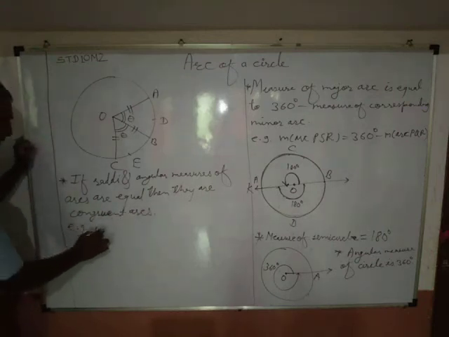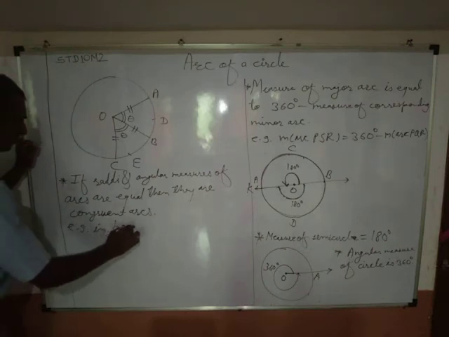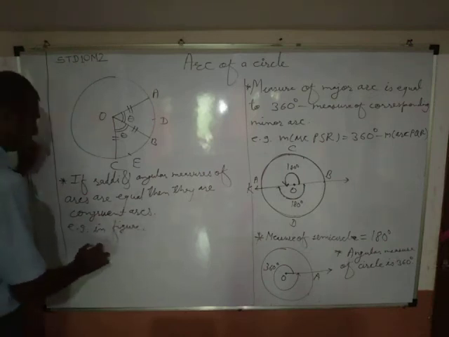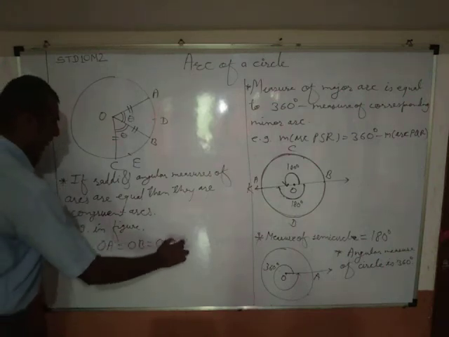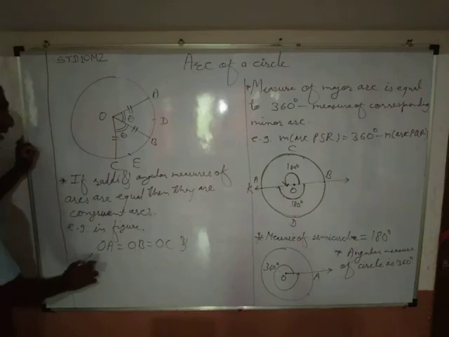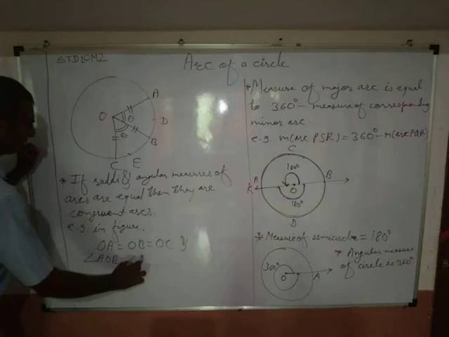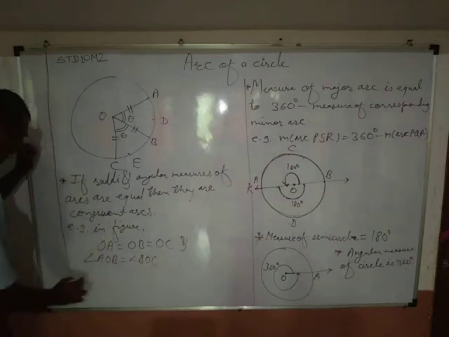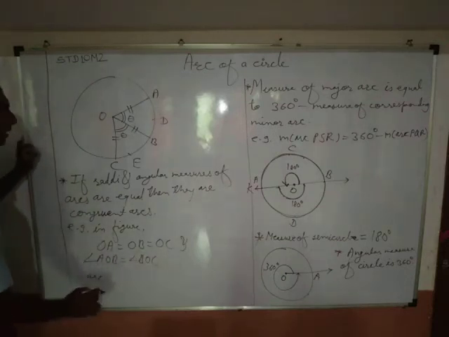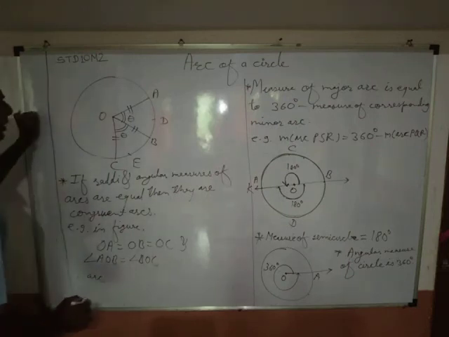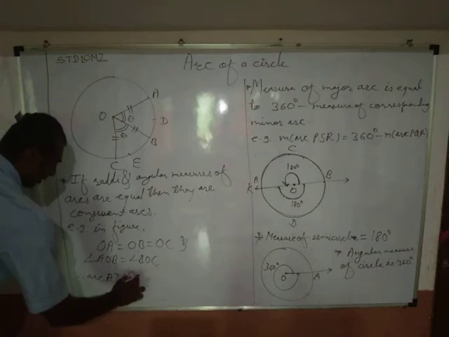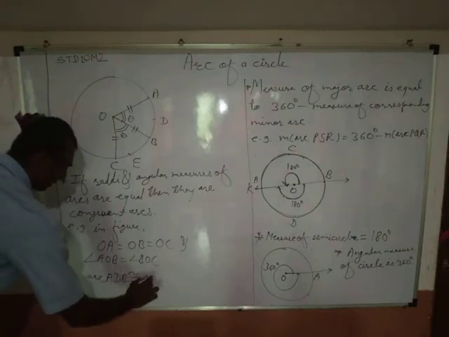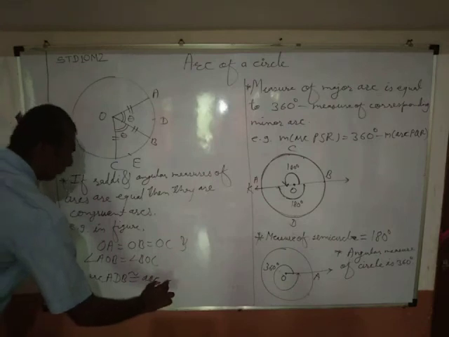Example, in figure OA equals OB equals OC and angle AOB equals angle BOC, and therefore arc ADB is congruent with arc BEC.